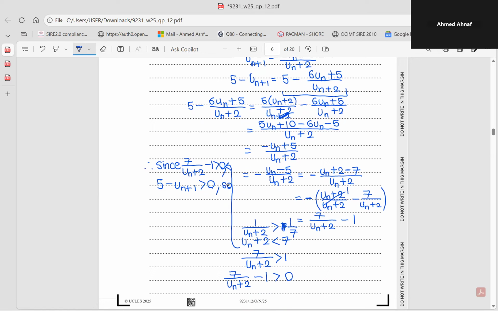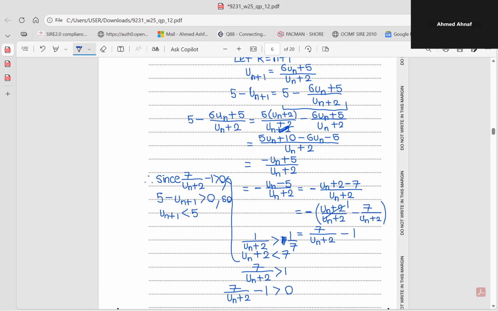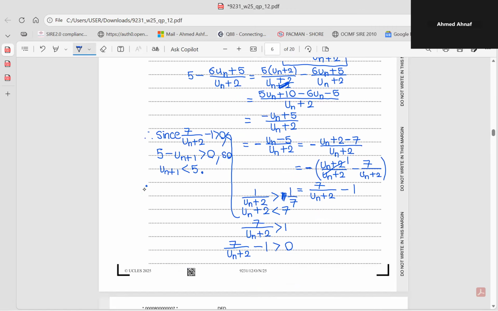So un plus 1 is less than 5. After some algebraic manipulation, you should be able to get this result. And therefore, you can write down your final statement.